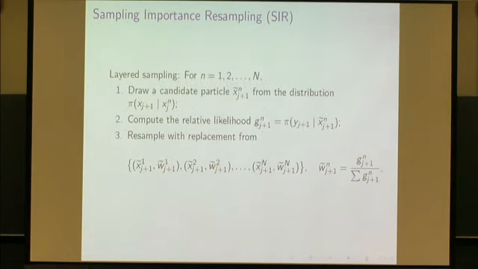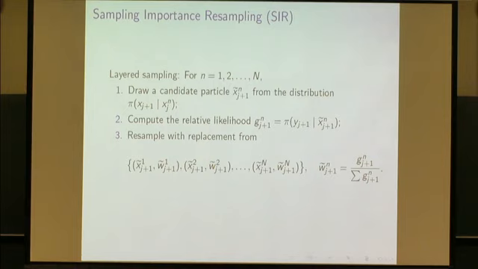Traditionally, and there is a lot of literature on this, a lot of jargon and a lot of opinions on how to do it, the way we would proceed is to take a candidate particle from a distribution and compute a relative likelihood.